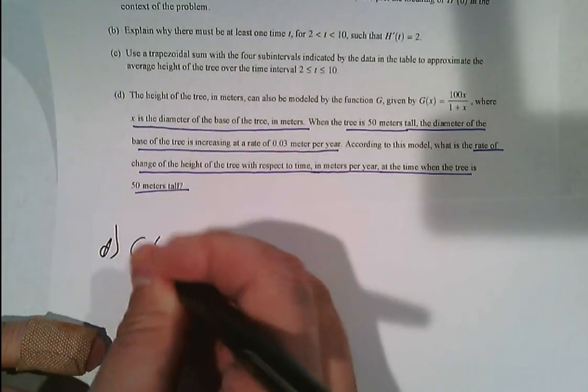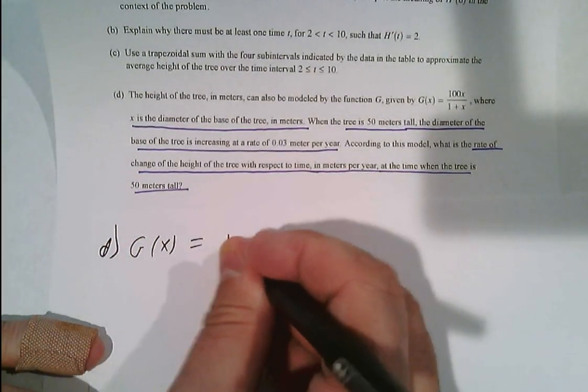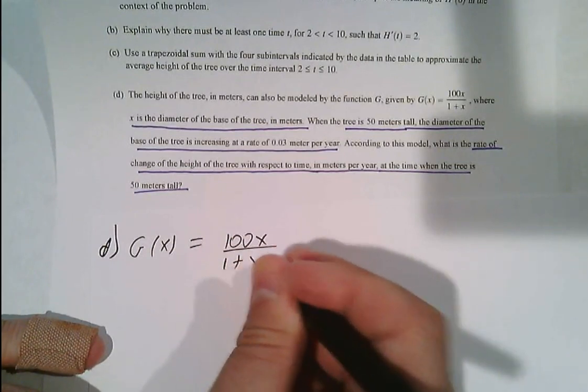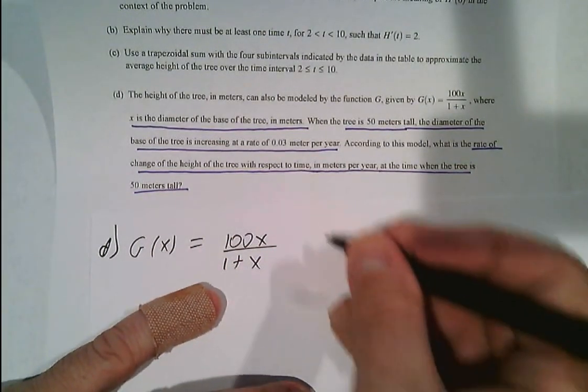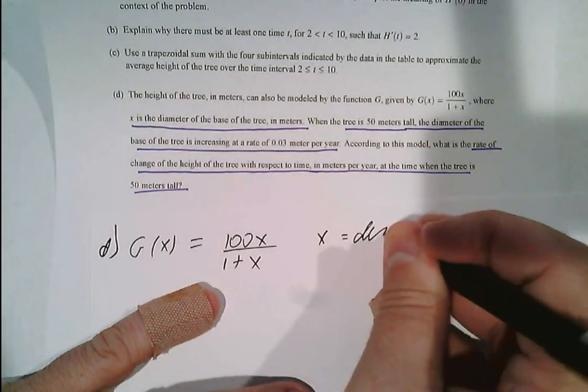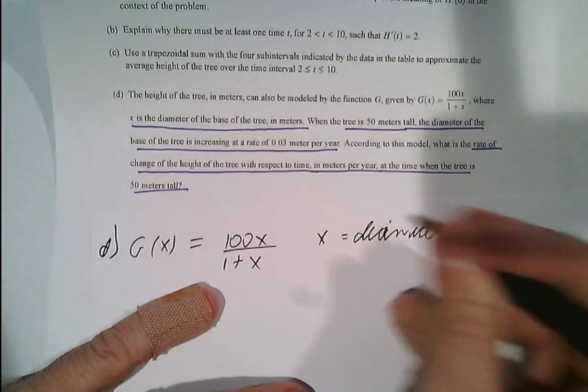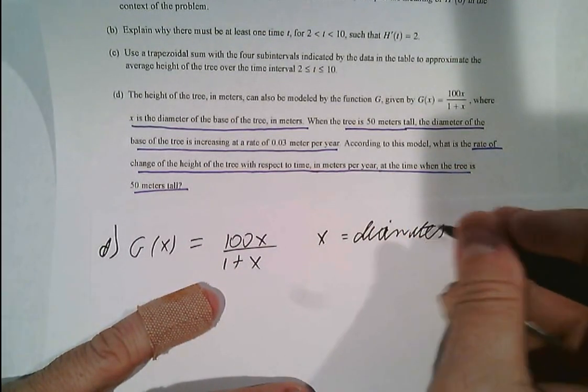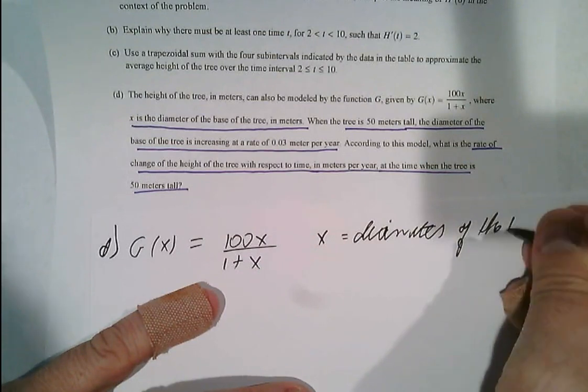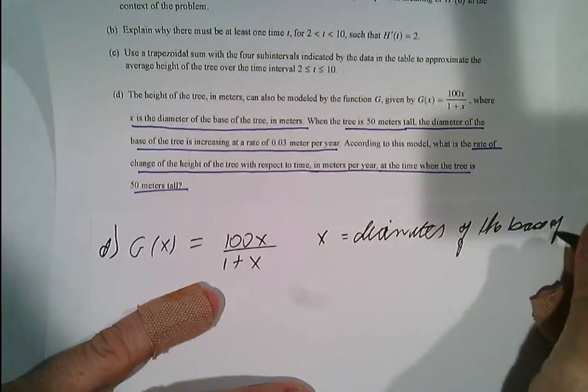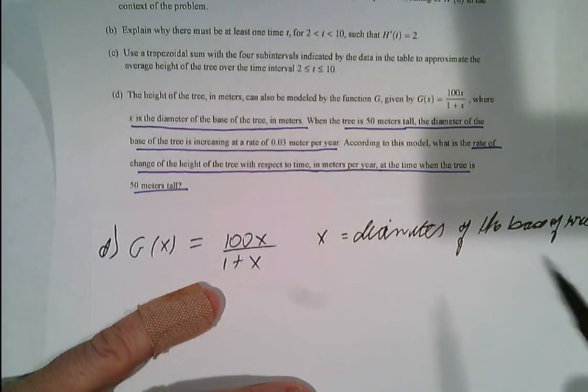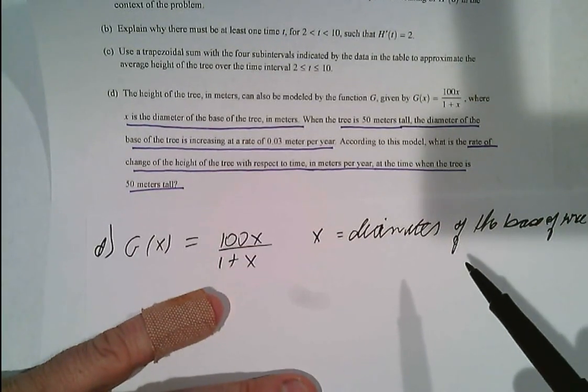Part D, they've given us a new function, g of x equals 100x divided by 1 plus x, where x is the diameter of the base of the tree. Okay, so x measures the diameter of the base of the tree in meters.